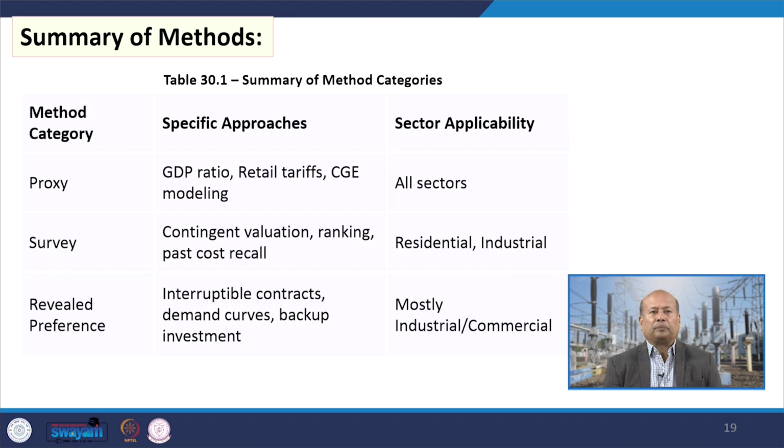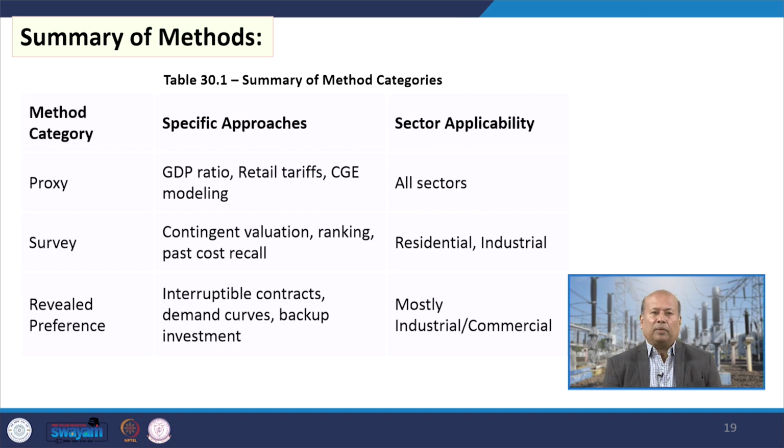Now, summary of methods. Like you have proxy methods, we have survey methods, we have revealed preference method, and you can see the proxy one where GDP ratio, retail tariff, CGE modeling, and this is applicable to all sectors.